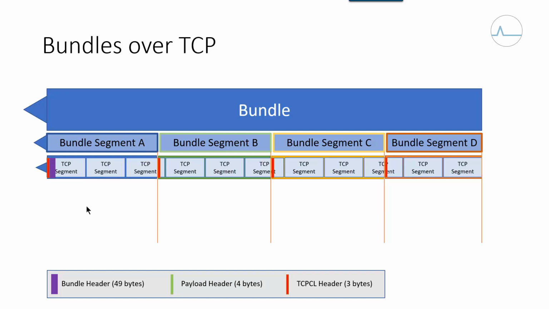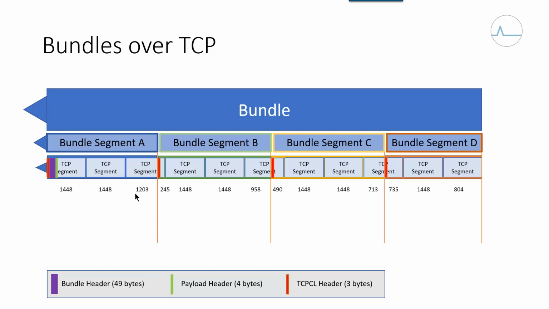The very first bundle will be followed by a bundle header, and then it will be followed by a payload header. So these are the header structures that you would see in something like this. We need to have that TCP-CL header in there because that provides us with the interface between TCP and the bundle protocol. It's kind of the shim between the two of them.